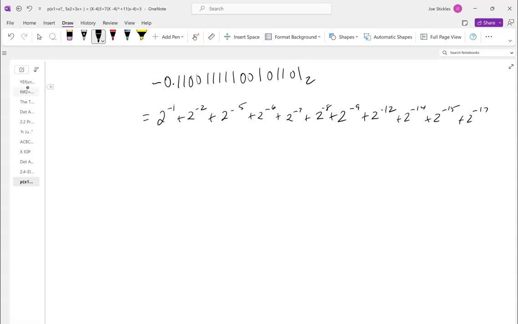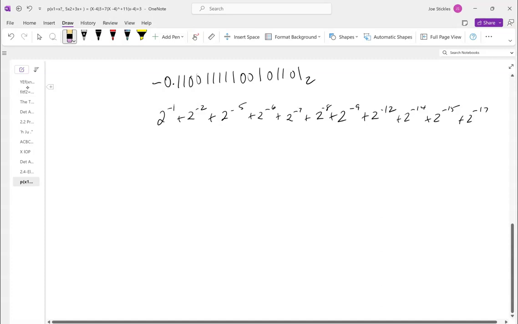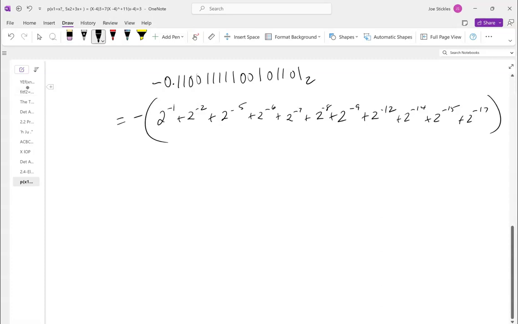How does the negative play into this answer? It makes the whole thing negative. I keep forgetting it's there because it's not the important part that we need to talk about. It is negative. Are we okay with how I got those?